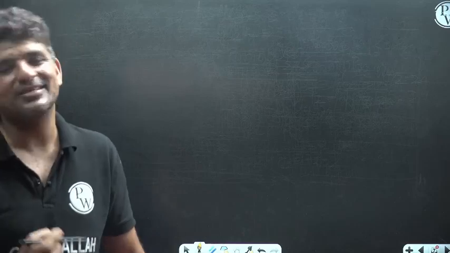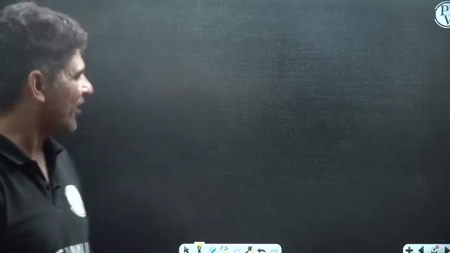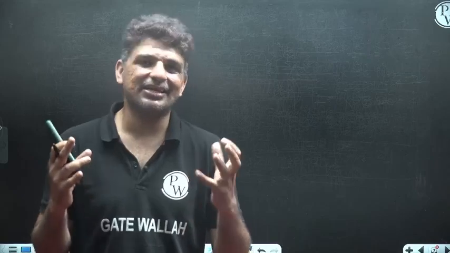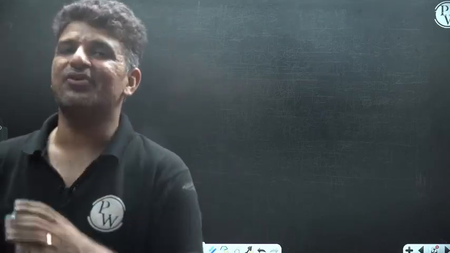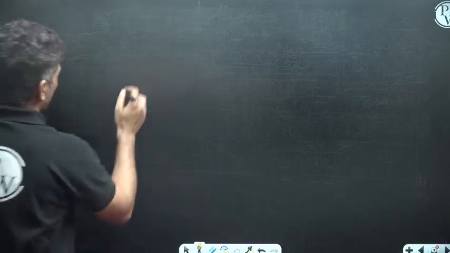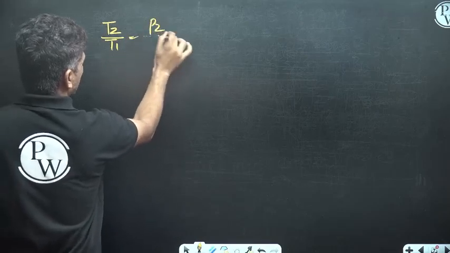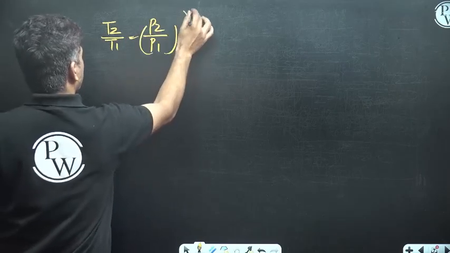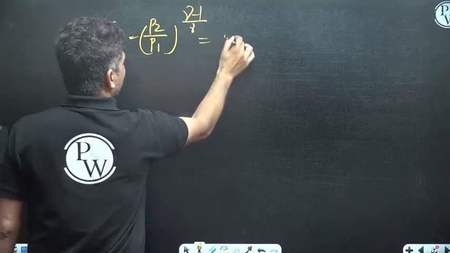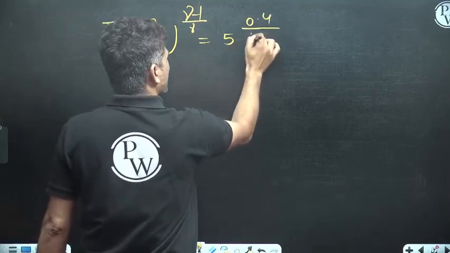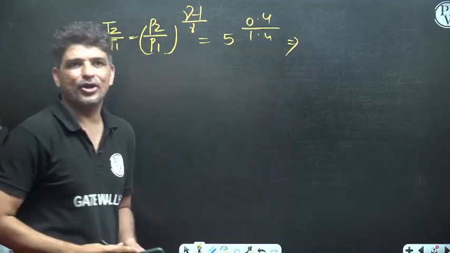So how do we solve this question? Guys, this is not a question of centrifugal compressor. This is a very simple question that you can solve from the concept of your Brayton cycle. So we know that T2 by T1 can be written as P2 by P1 to the power gamma minus 1 over gamma, and this can be written as 5 to the power 0.4 divided by 1.4.